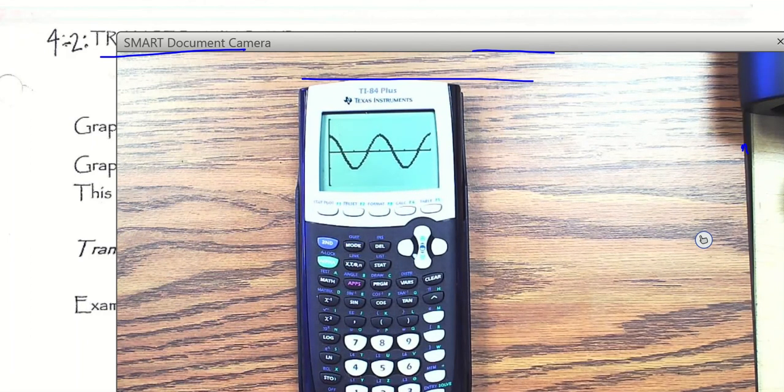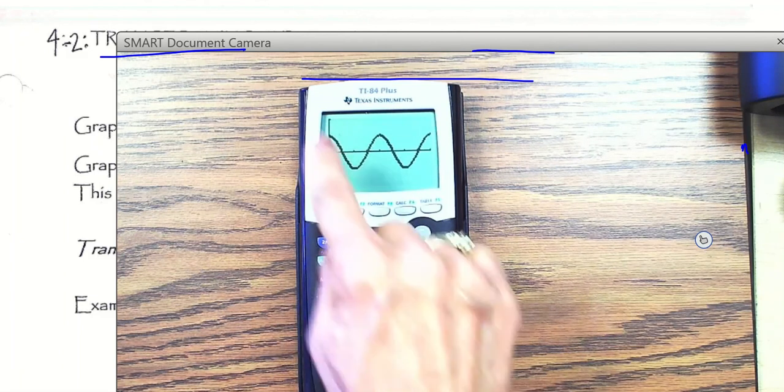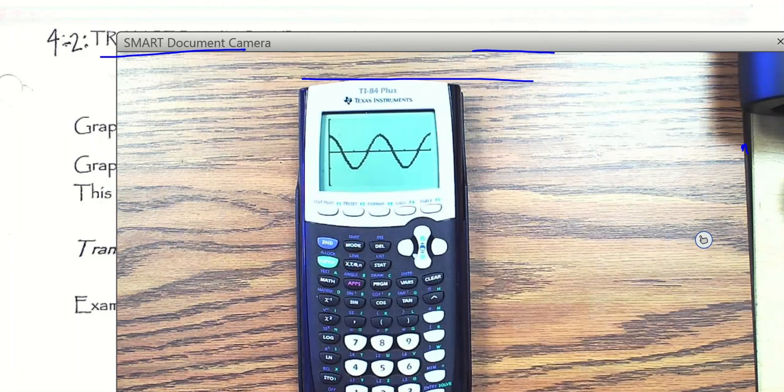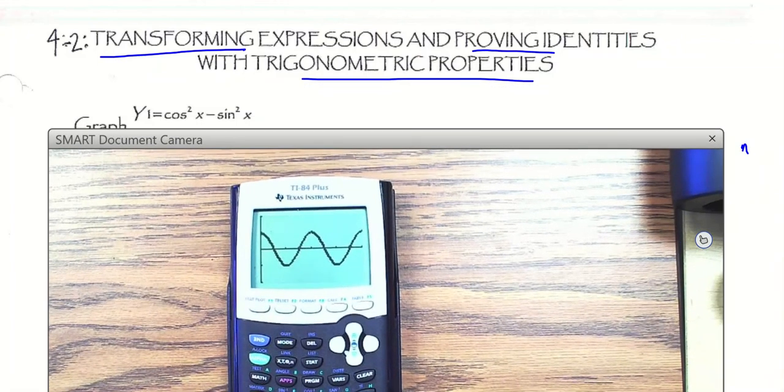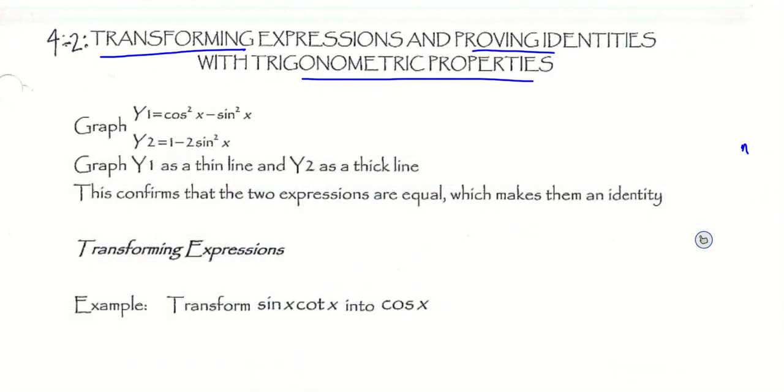Well, what you should have seen is, right, this sinusoid looking graph with 1 minus 2 times sine squared graphing right over the top of it. Right, so the intention is for that to illustrate that even though those expressions look different, they really give us exactly the same values. That confirms that they're equal.